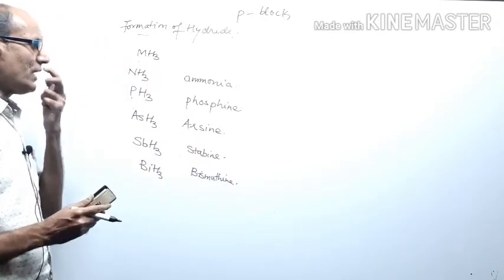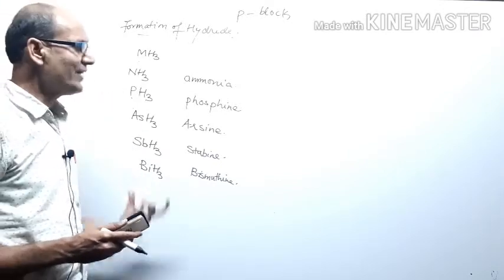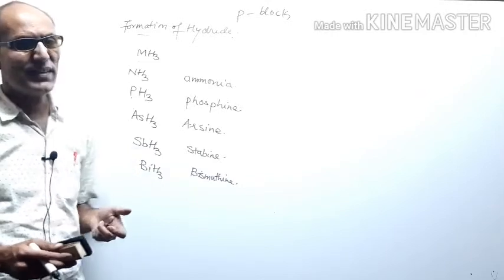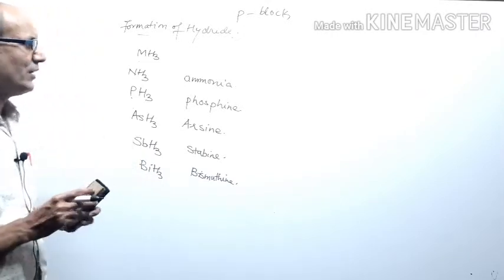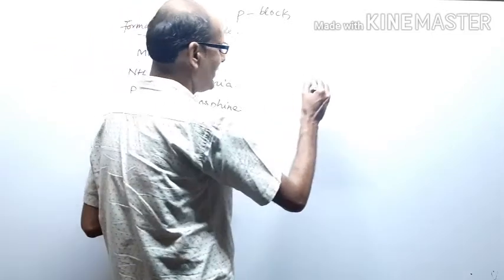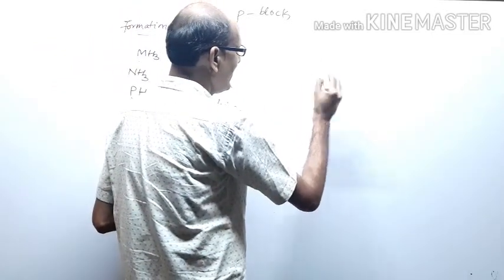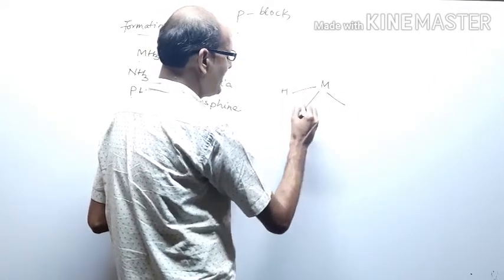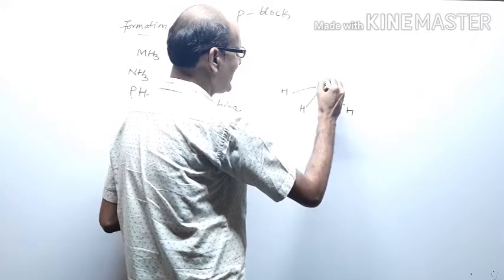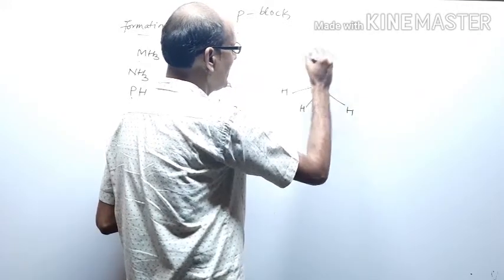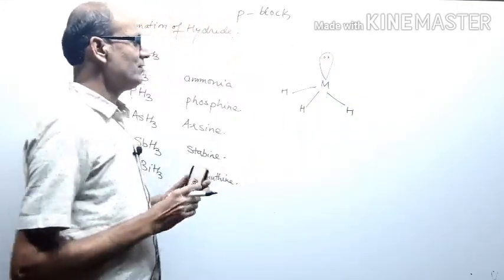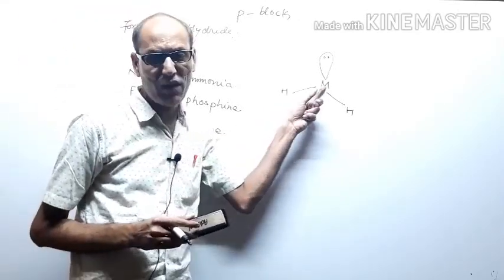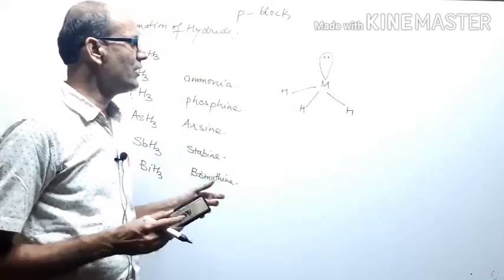So if we see the structures of these hydrides, what we observe is they all contain 3 covalent bonds and 1 lone pair. The structure is like this: the group 15 element forms a pyramidal shape with H, H, H, and it contains a lone pair of electrons, where we can take nitrogen, phosphorus, arsenic, antimony in place of M. This shape is called pyramidal.